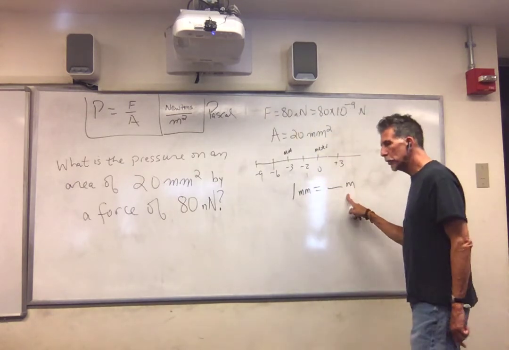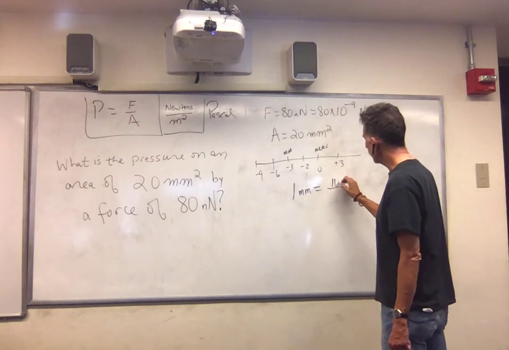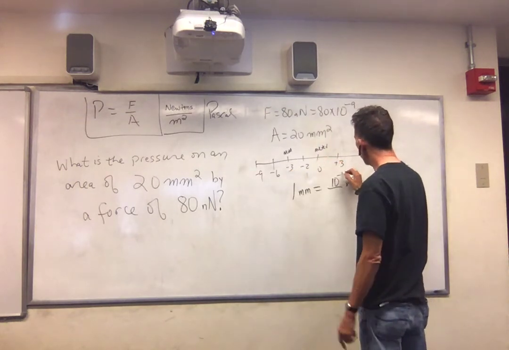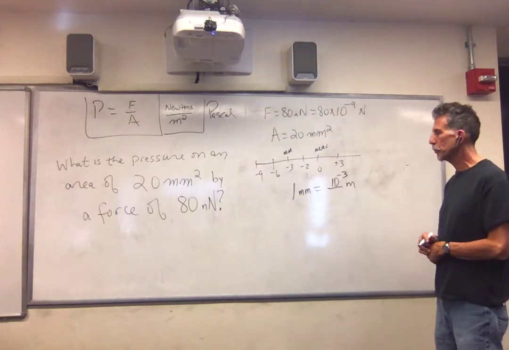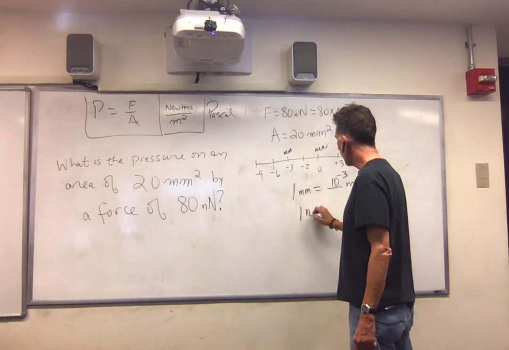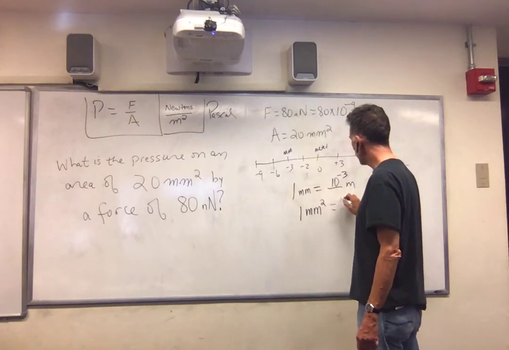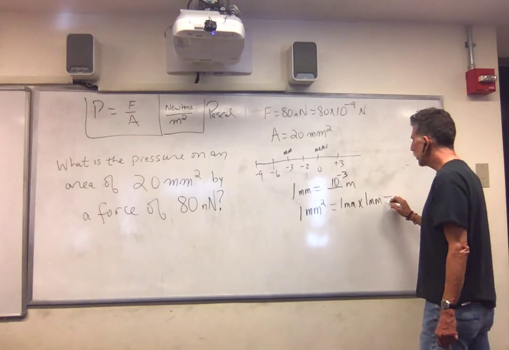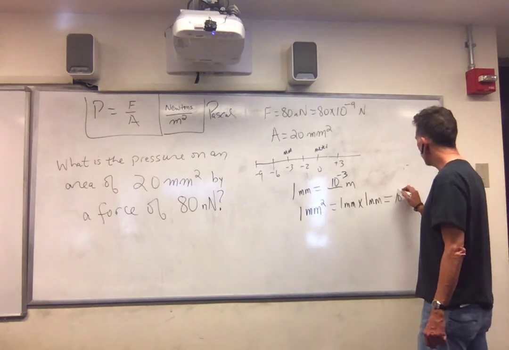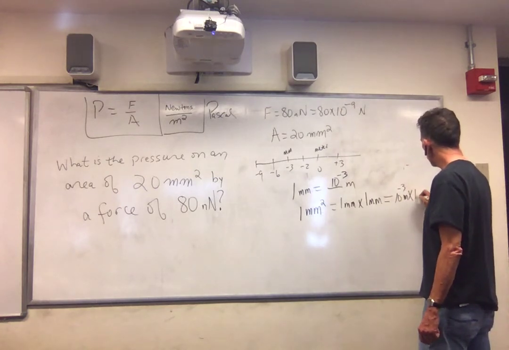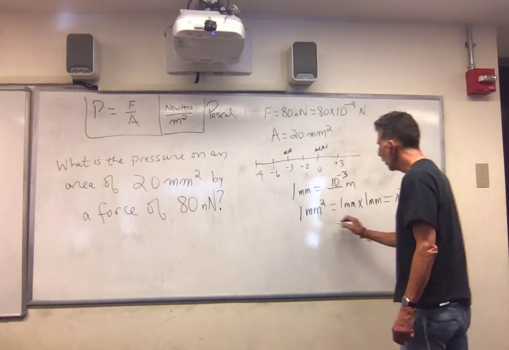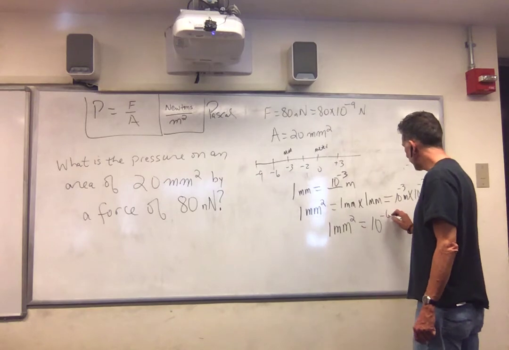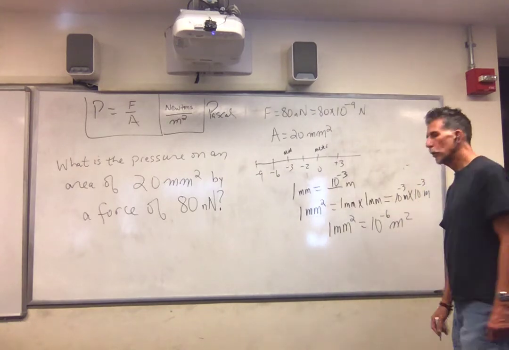Well, this is bigger. So remember, bigger is negative, right? And there's 3 steps. So 1 millimeter is 1,000th of a meter. 1 millimeter squared is 1 millimeter times 1 millimeter, which is 10 to the -3 meters times 10 to the -3 meters. So 1 millimeter squared is 10 to the -6 meters squared.